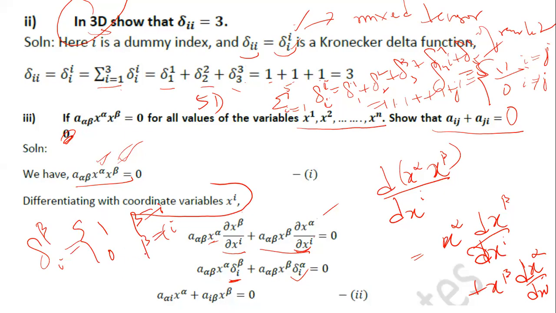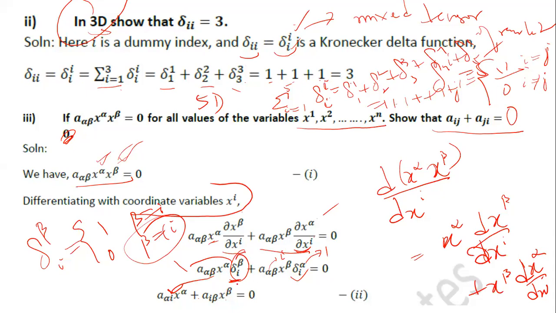The term corresponding to beta not equal to i is 0, right? So that means when beta is equal to i, this quantity becomes 1. And you have to replace beta with i here. So a alpha i x alpha plus, similarly here, this quantity will be 0 if alpha does not equal i. It will be 1 only if alpha becomes i. So a i beta x beta.